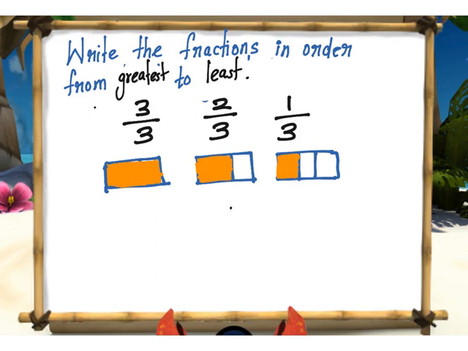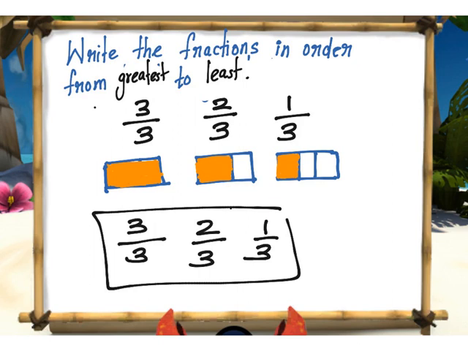So if you see the picture, the greatest will be 3 by 3, because the whole rectangle is colored. So 3 by 3 goes first, and then the next smallest is 2 by 3. So 2 by 3 goes next, and the least one is 1 by 3. So 1 by 3 goes last.